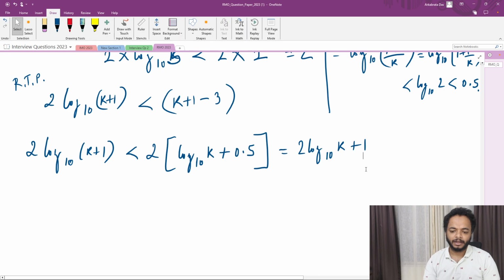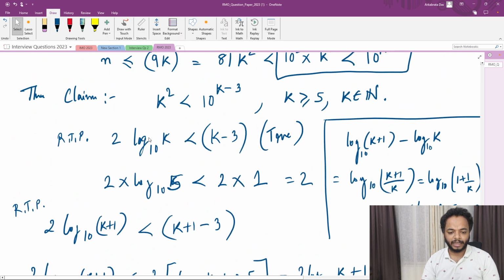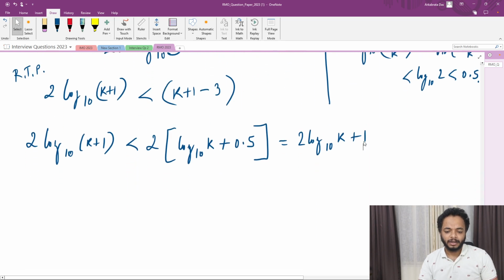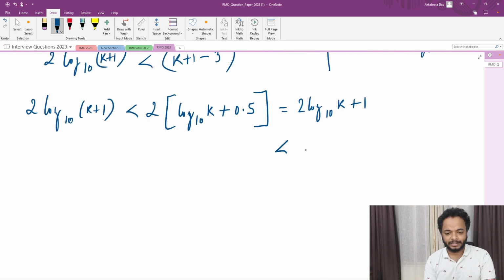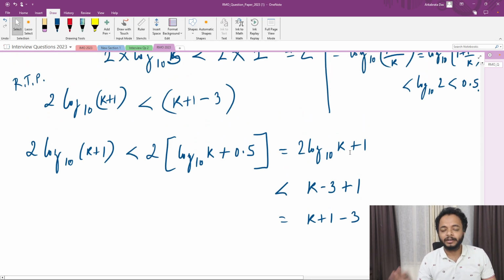And now let's use the inductive step, that is 2 times log base 10 k is less than k minus 3. Okay, so that was our inductive hypothesis. So that is less than k minus 3, and I have here this plus 1, and so it's perfectly coming out, as you can see, k plus 1 minus 3. So anyway, it's working for k plus 1.